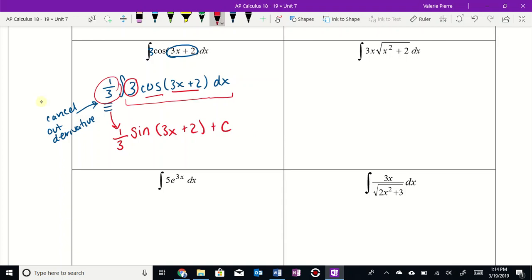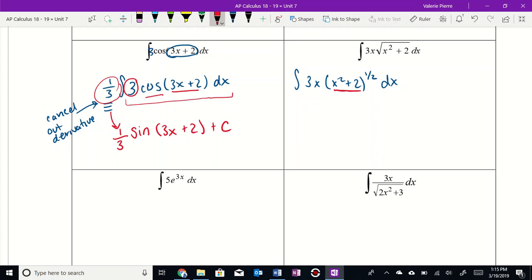Okay, so for our next problem, we want to rewrite this, so we have the integral of 3x times the square root of x squared plus 2, or x squared plus 2 to the 1/2, dx. Here we are again where we have the inner function, which is x squared plus 2.